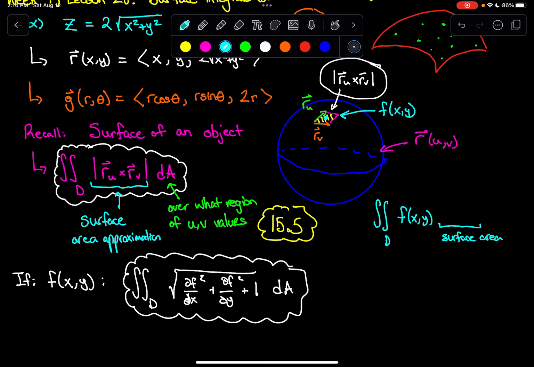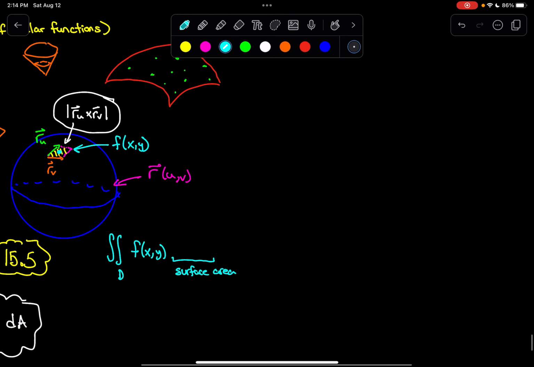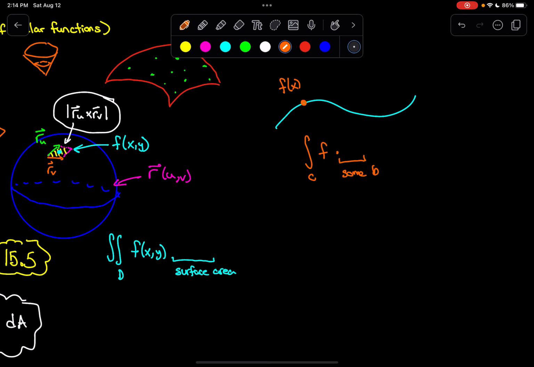That's the idea. So before, when we were adding up for, say, line integrals, I'll do this off to the side. A line integral, we had some path and we said, here's the value of our function f(x). And so we were adding up the values of our function over some bit of the path, a really, really tiny bit.